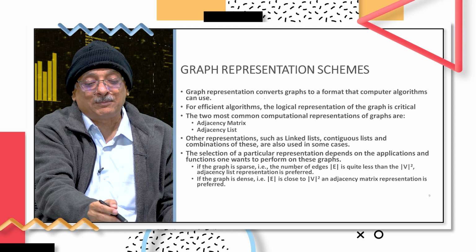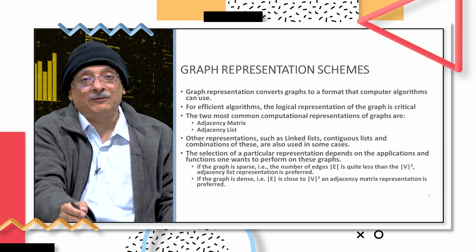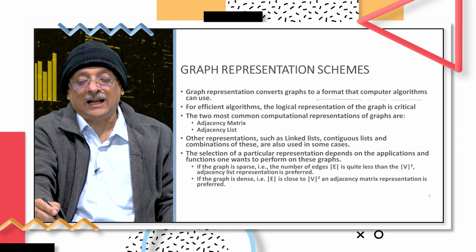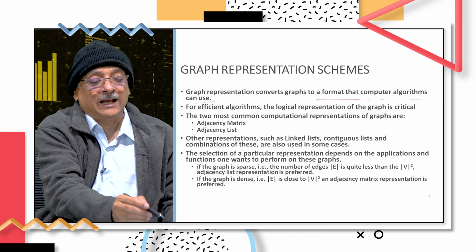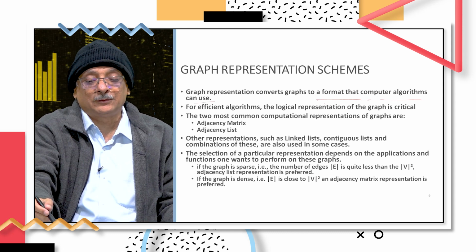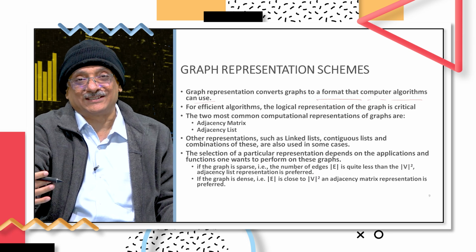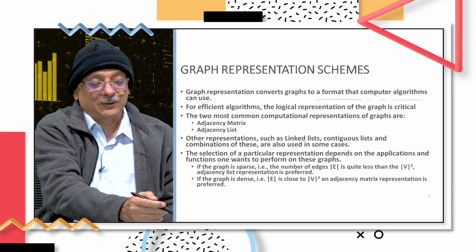That is, graph representation converts the graph to a format that a computer platform can use. So, we have to use it in a format which is computationally accessible, and not pictorially accessible.